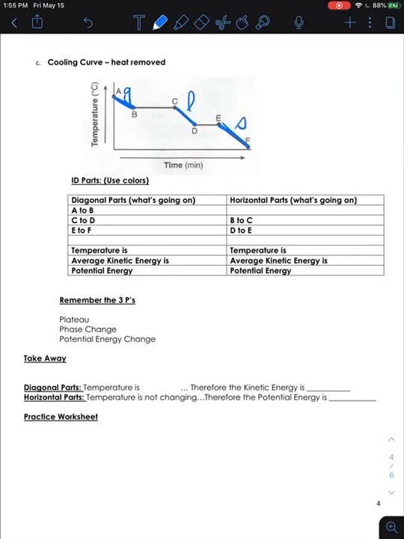So A to B, what's going on is that we have a decrease in temperature, a change in temperature. C to D, same thing. E to F, same thing. Temperature is decreasing, which is the same as average kinetic energy. Potential energy is no change.